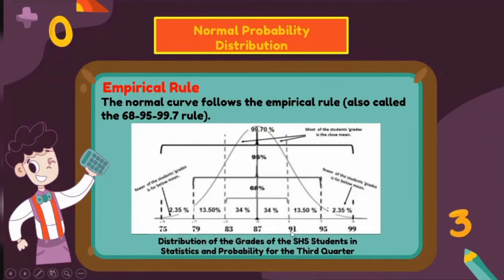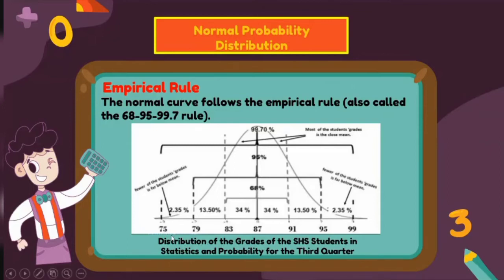On the other hand, for 79 to 83, you have 13.5% to the left, and from 91 to 95, also 13.5%. Here we apply the rule that our normal curve is symmetrical.